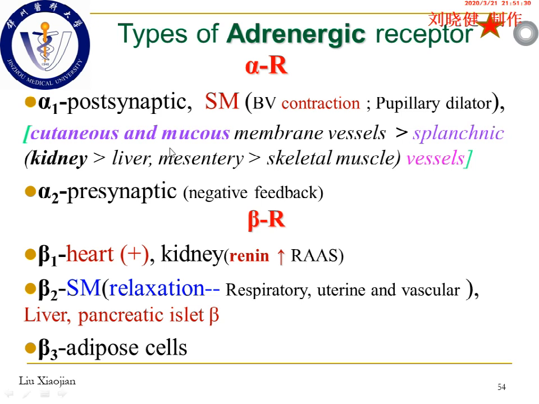Understand? So it means once alpha-1 is activated by an agonist, the blood vessels contract, and they have different extents in different tissues. Still remember the boy with the bear, fight or flight?